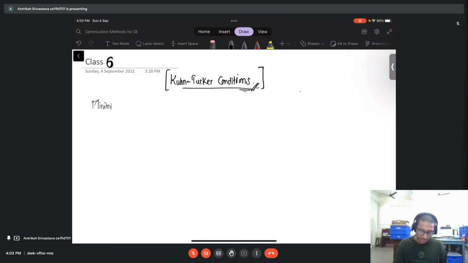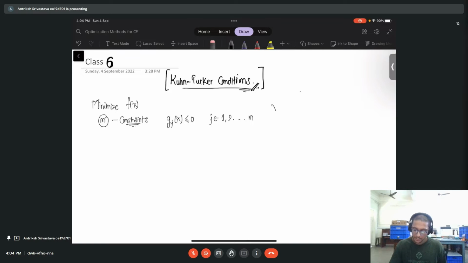So we have a function f(x) that we want to minimize, and it has, let's say, m number of constraints, and that are, let's say, g_j(x) less than or equal to 0, where j will vary from 1 to m.